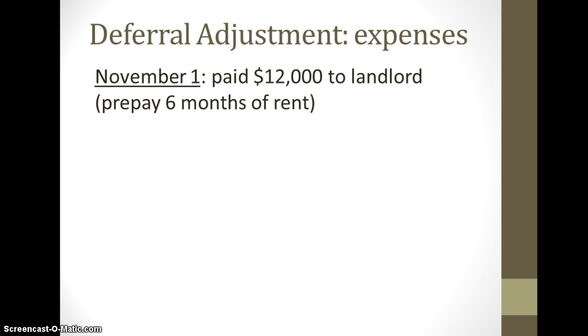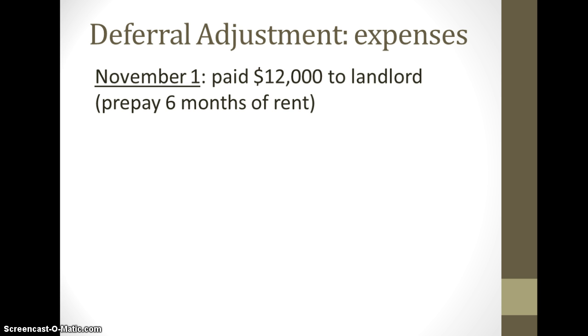Let's say on November the 1st, we pay our landlord $12,000 for 6 months of rent in advance. So we give them a check on November the 1st for $12,000, and that represents rent for the next 6 months. Now, because time hasn't passed yet, we cannot record any rent expense. But because we've given them a check for $12,000, we've given them some cash, we still have to make a journal entry.